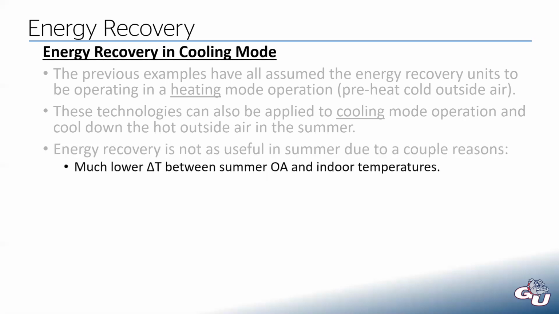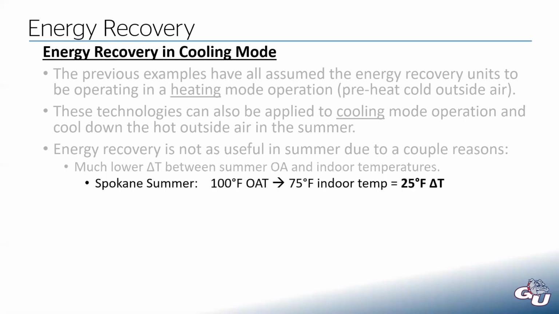Reason one, we have a much lower delta T between our summer outside air and our indoor space temperatures. Using Spokane as an example, a design day in Spokane would be around 100 degrees outside, and we maintain our buildings at around 75 degrees. So that's a 25-degree temperature difference that we're trying to achieve in getting that outside air temperature to a comfortable point.